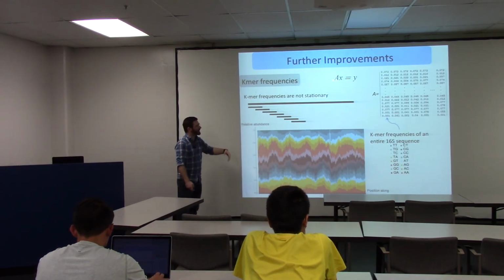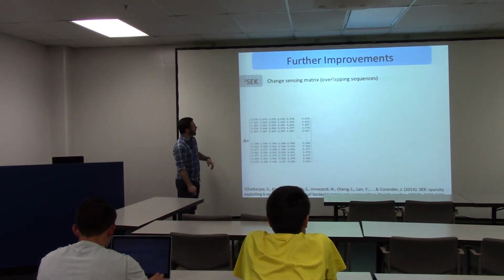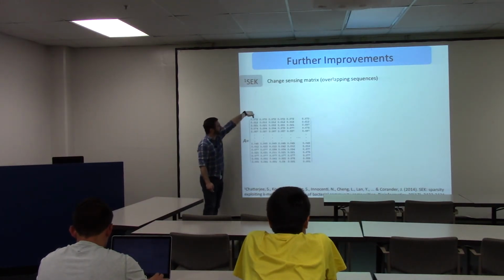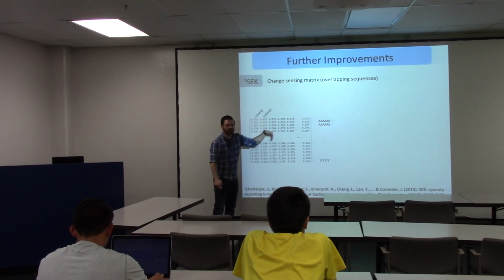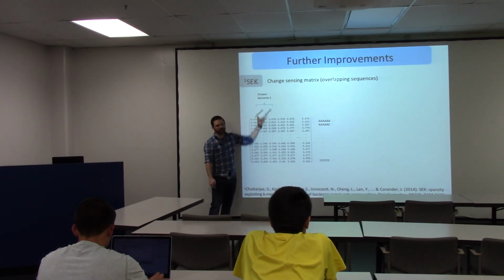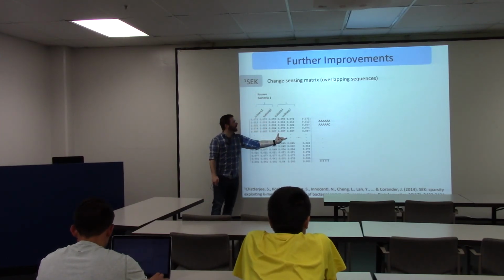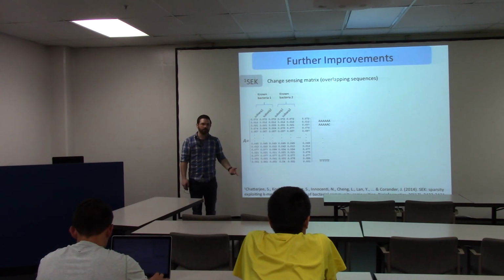So we can actually extend this matrix A to incorporate that information in the following way. Instead of just putting the K-mer counts of the entire sequence, you can do the K-mer counts of the first window, K-mer counts of the second window, et cetera, and lump all those into known bacterial sequence number 1. And then do that for the second one, et cetera, et cetera.